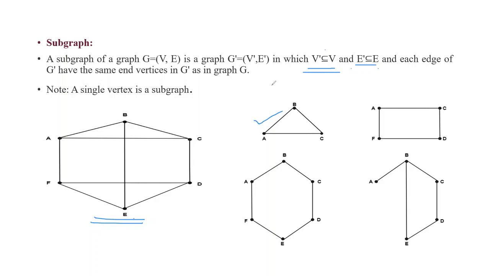And what is V? V is the set of vertices for this graph, that is A, B, C, D, E, F, the 6 vertices.